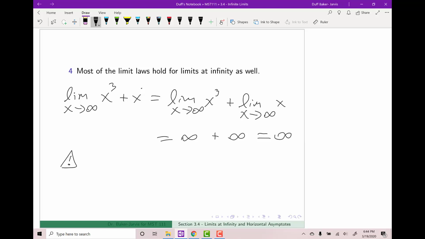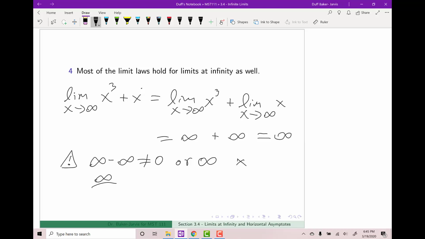I'll give you a couple warnings that if you subtract, and if you end up using the limit laws to subtract infinities, this is typically not the right thing to do because it can turn out to have many answers depending on the situation. So if you end up using a limit law that gives you a subtraction of two infinities, that's dangerous. So try not to do that.